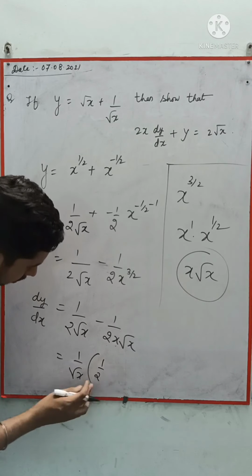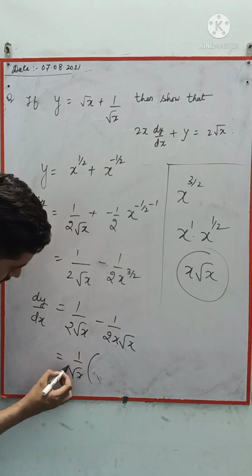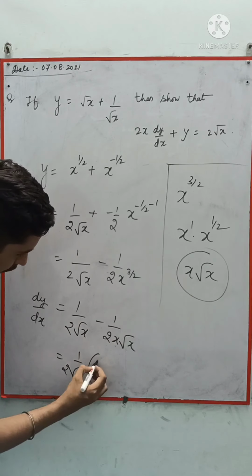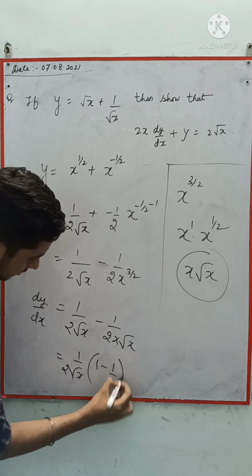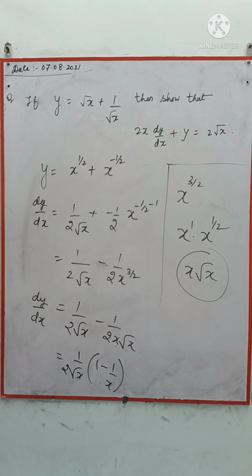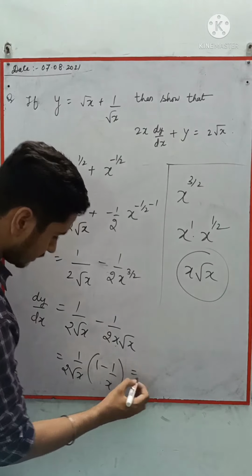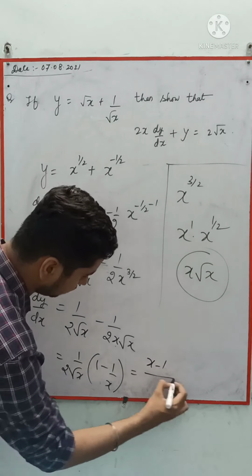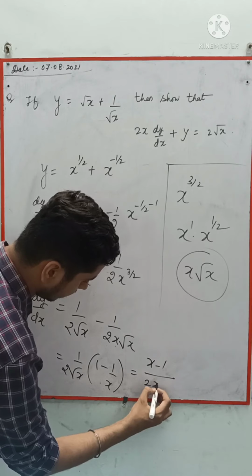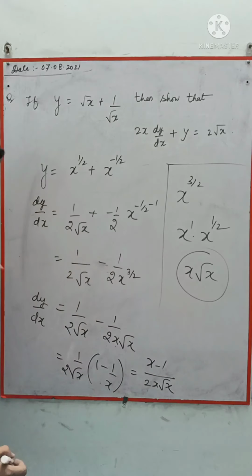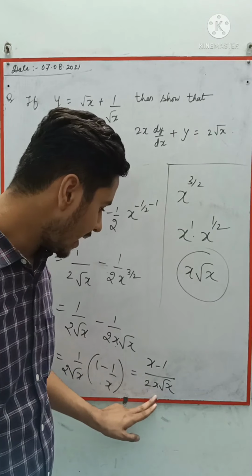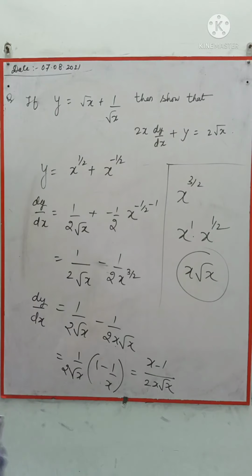So you will get 1 upon 2 root x, so 1 minus 1 upon x, okay? Or else take the common, so x minus 1 upon 2x root x. So you are having dy/dx as x minus 1 upon 2x root of x.